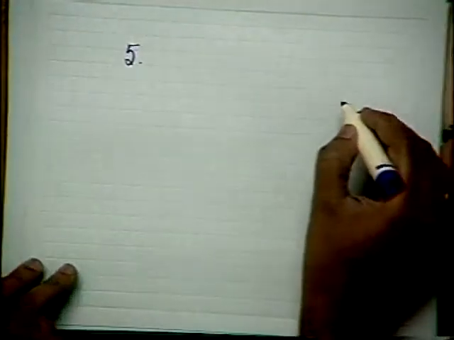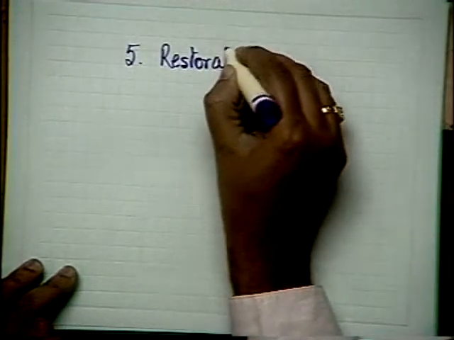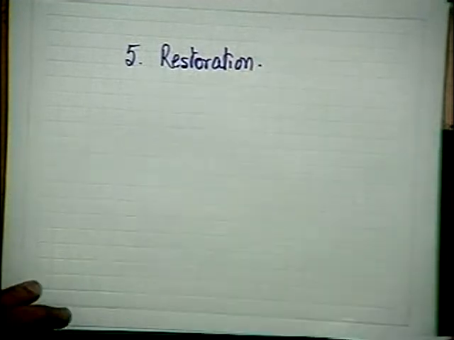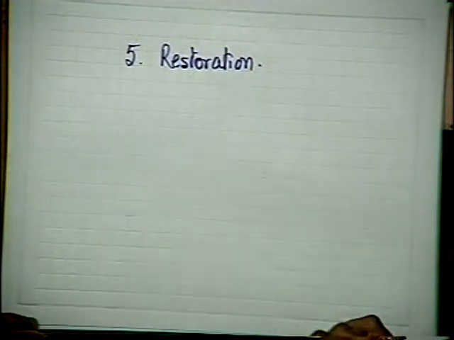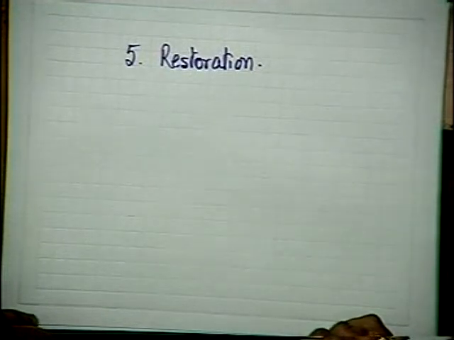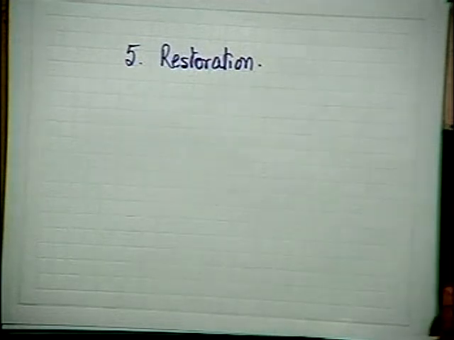The fifth topic under our coverage will be image restoration. It is something like this: if we have an image which is degraded, in the sense that the quality of the image is affected due to some process, it could be that we are taking the image of a moving vehicle.